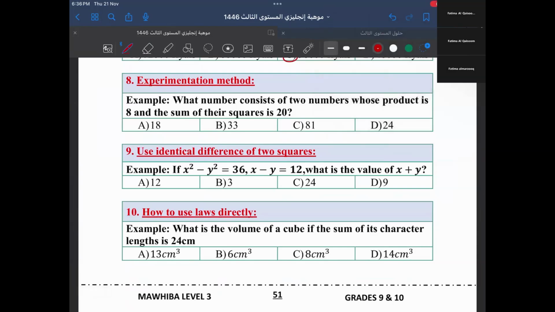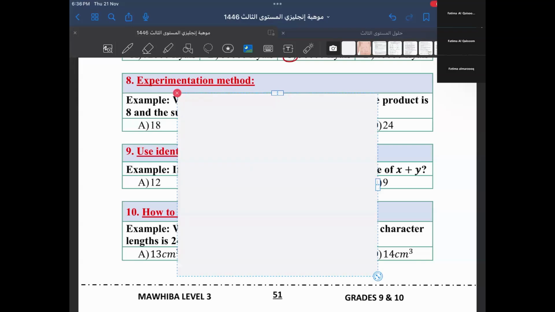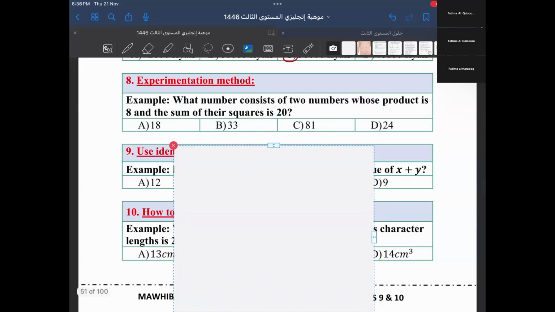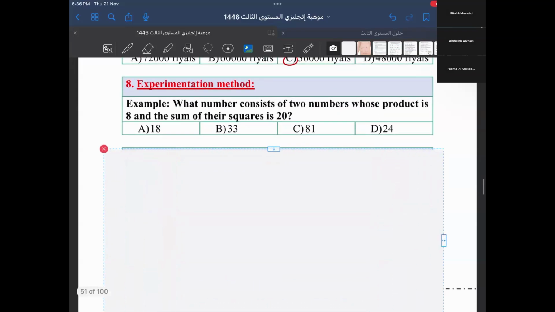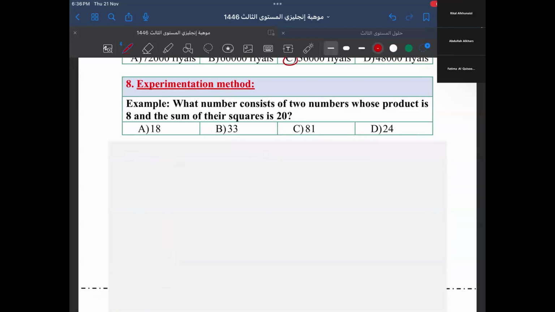Question 8. Who can read question 8? Yes, Rital. What number consists of two numbers whose product is 8 and the sum of their squares is 20?